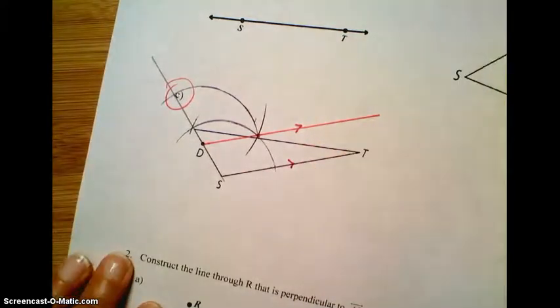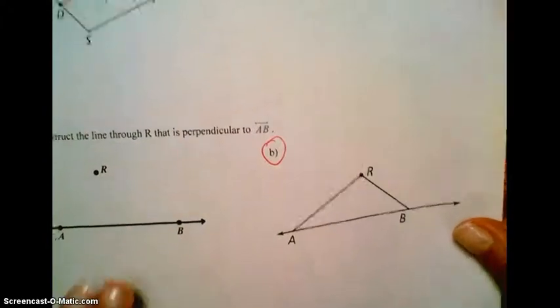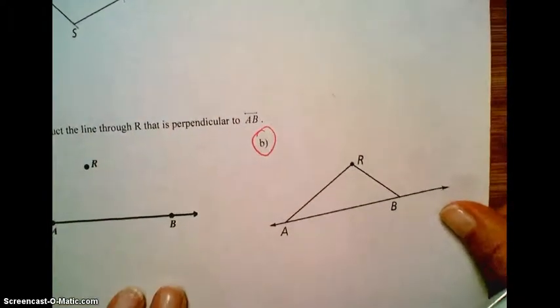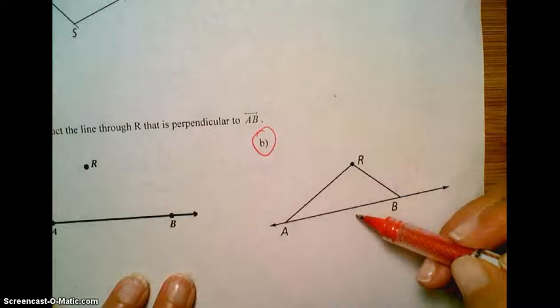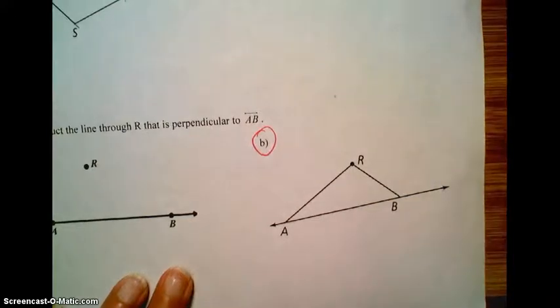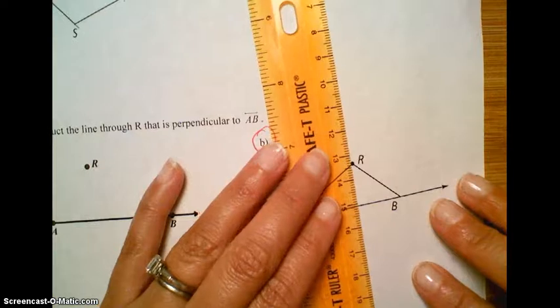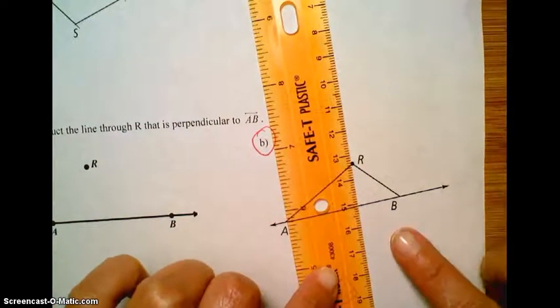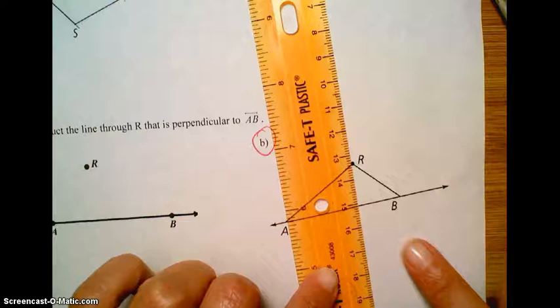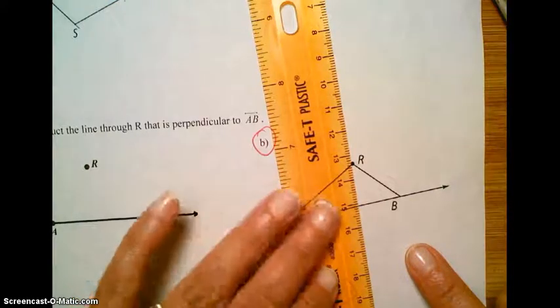Okay, the second example I want to look at is number 2B. You're being asked to construct the perpendicular to line AB. So to do this construction, again, picture that the perpendicular is going to look something like this. And the construction that we want to use for this would be the boat, as I call it.